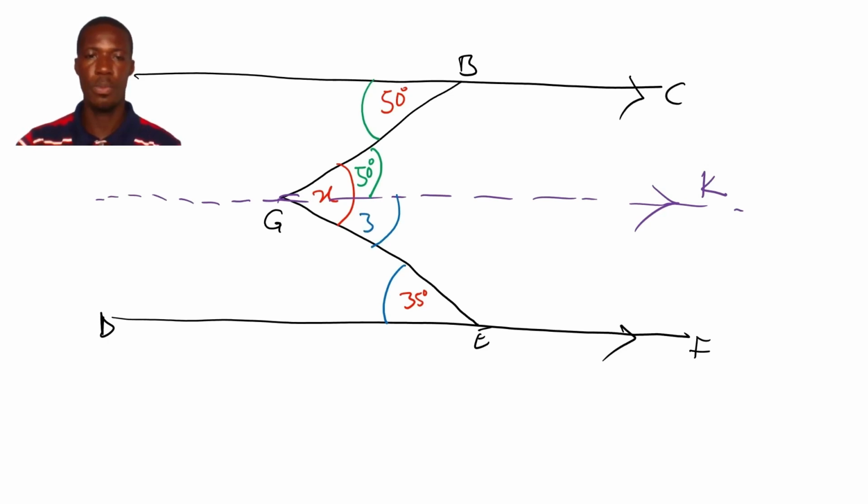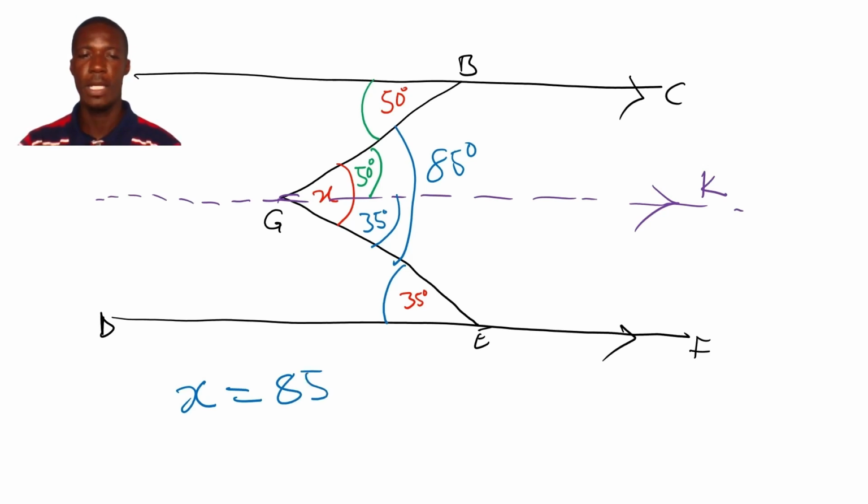So this one will also be 35 degrees. Now you put them together, 35 plus 50 degrees, your angle is going to be 85 degrees. And so with this, our angle X is equal to 85 degrees. This is just to draw our attention to the fact that parallel lines are innumerable.